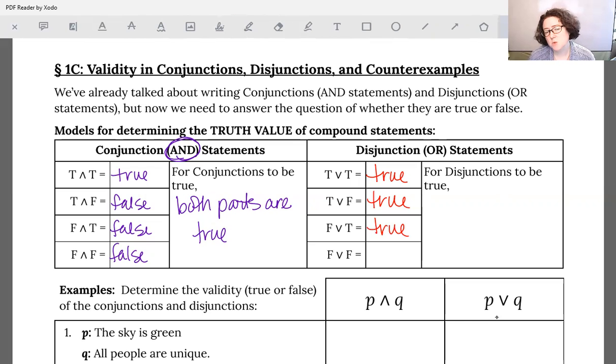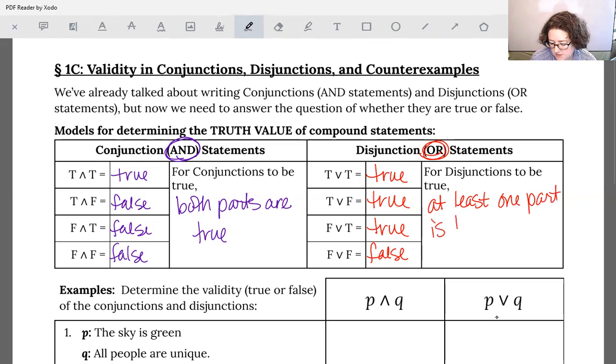I am wearing contacts or I'm wearing a hoodie, and neither one of those is true, so that whole thing is false. So when you're looking at a disjunction or statement, that means at least one piece has to be true for the whole statement to be true.